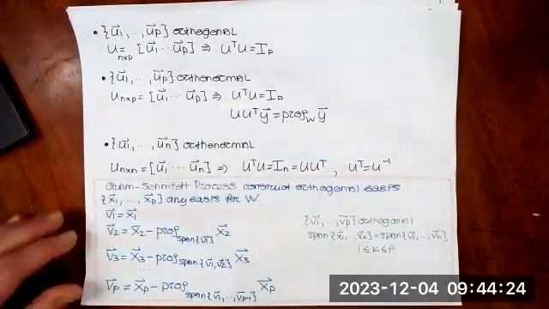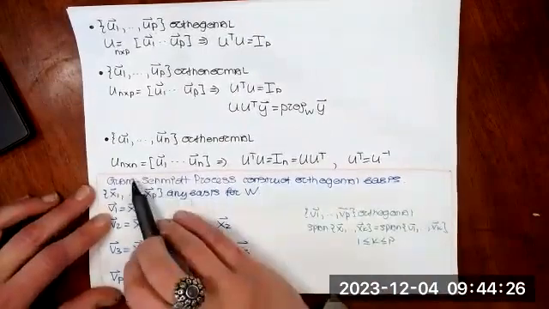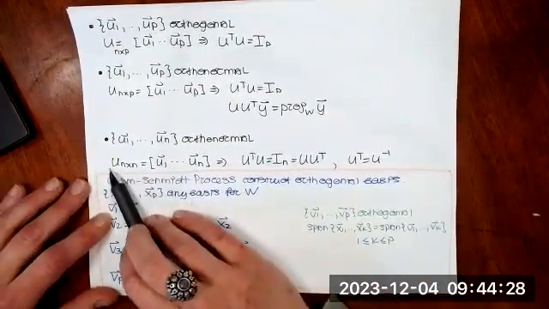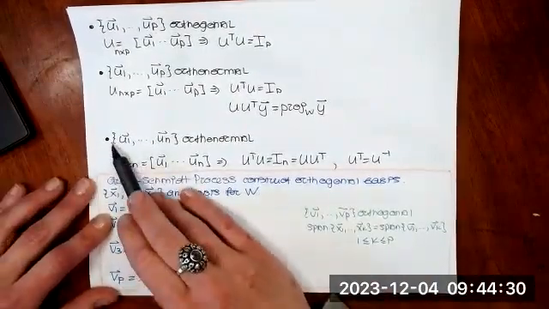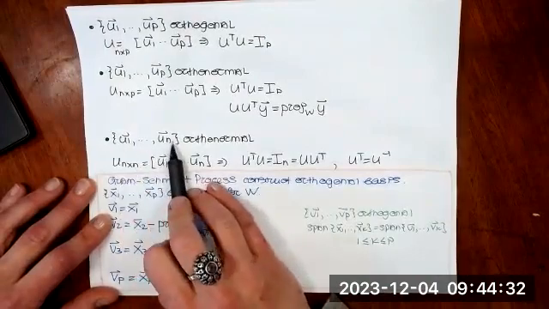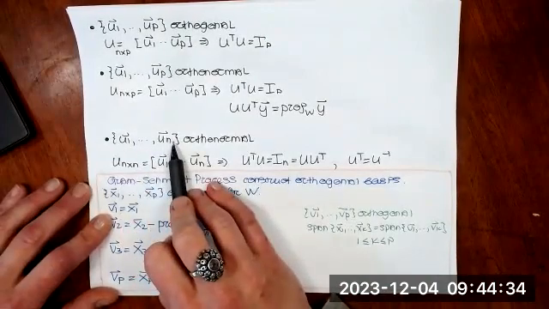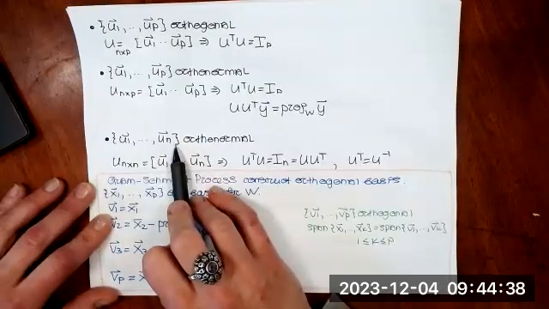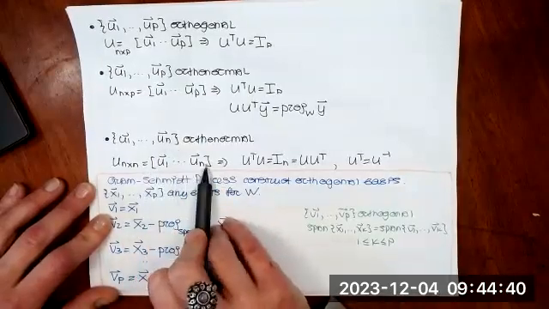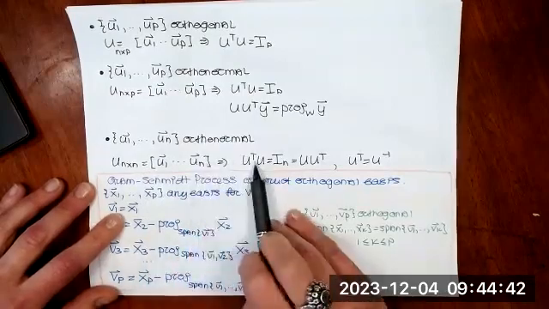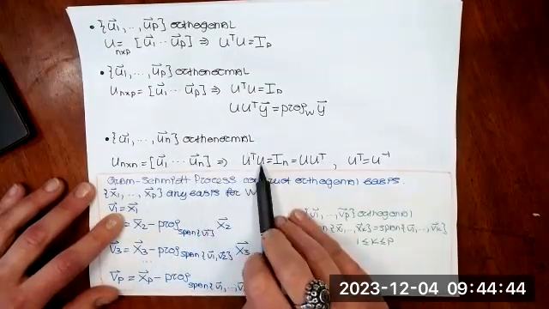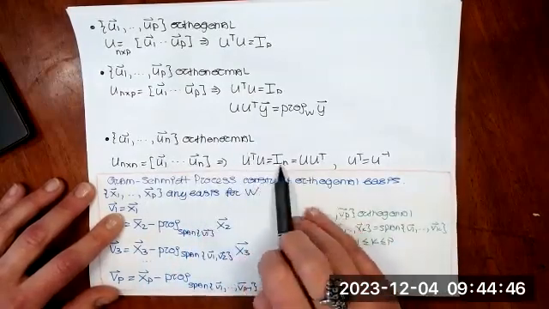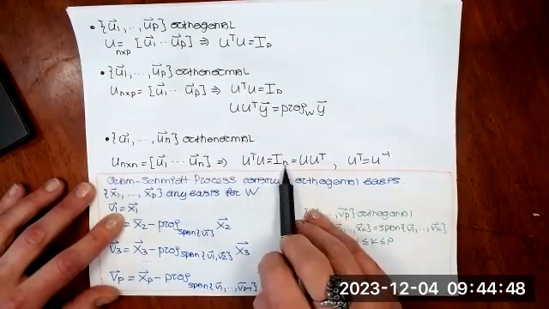But in a lot of cases you're dealing with square matrices, so basically you're taking an orthonormal basis for all of R^n and putting it as columns in your matrix U. Then U transpose times U and U times U transpose are both equal to the identity matrix.